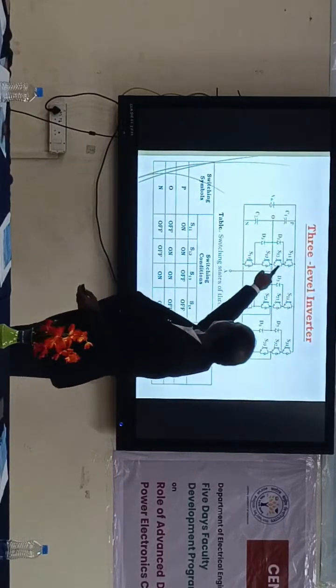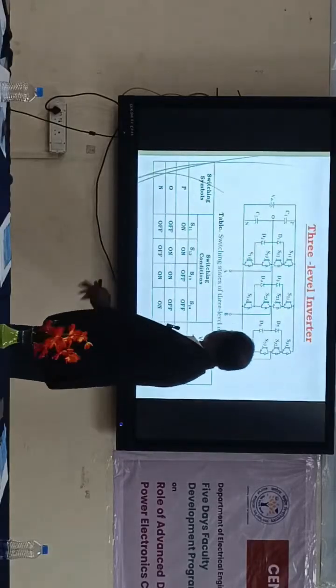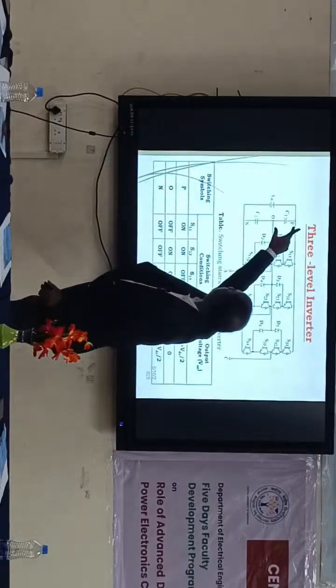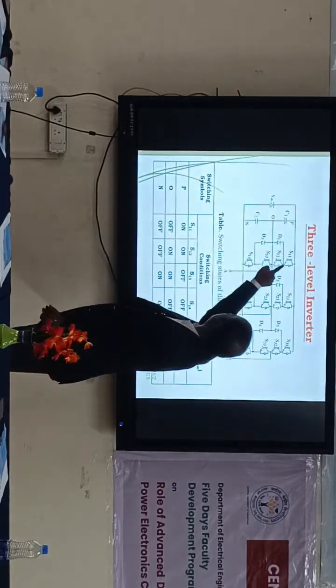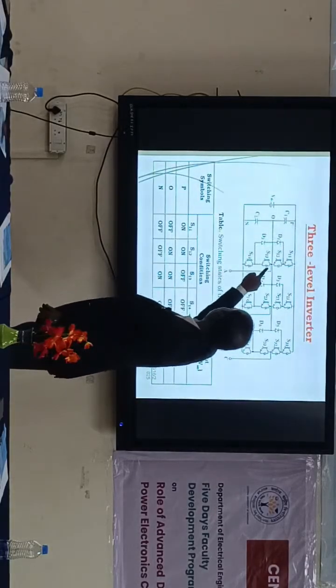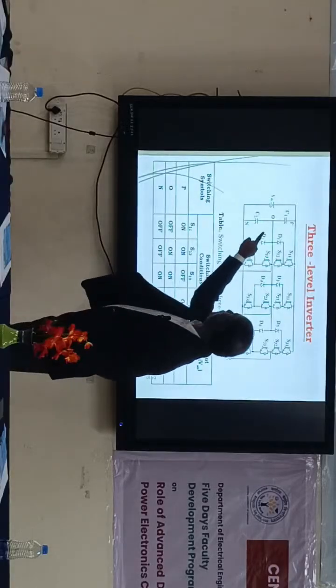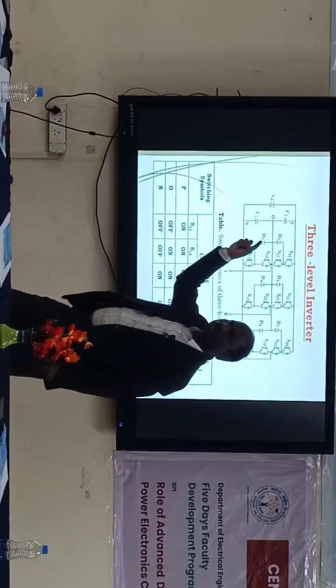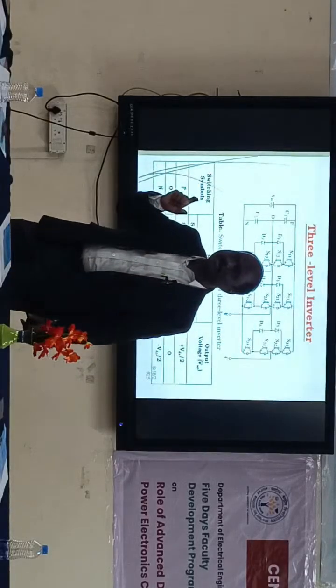When these two are on, what is the pole voltage? You tell me. This is VDC. Here VDC by 2, VDC by 2. When these two are turned on, this point B is connected to A. What is the voltage here? VDC by 2. And top two are on, it is VDC by 2.